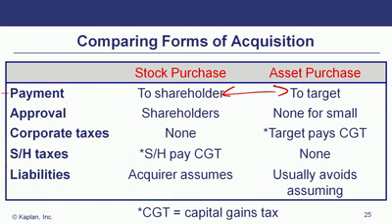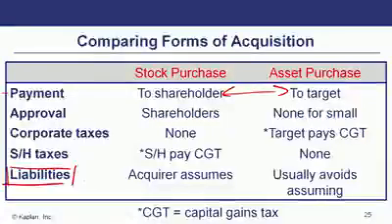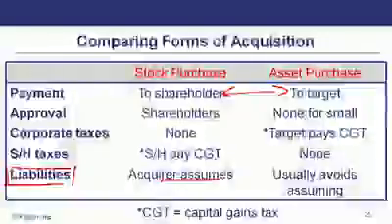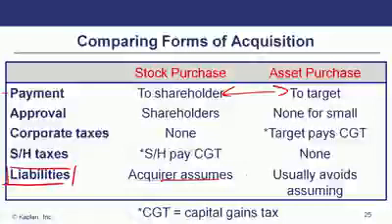And one of the big determinants of how I'm going to do that is going to be the liabilities. Because if I buy the stock, I'm buying this entity, the whole thing, then typically the acquirer is going to assume the liabilities of the company. That would imply financial liabilities, of course, but also other unbooked liabilities.